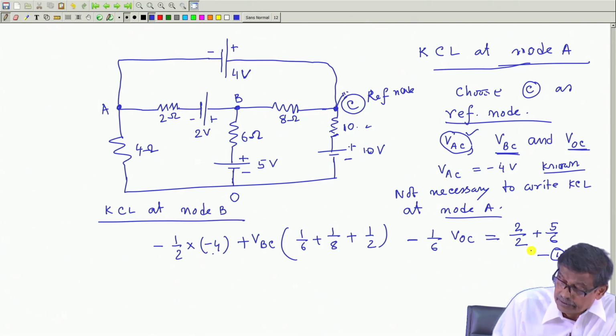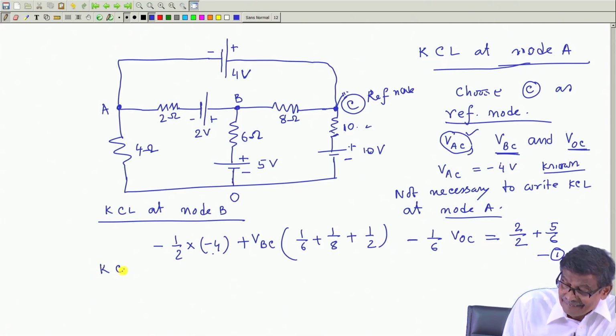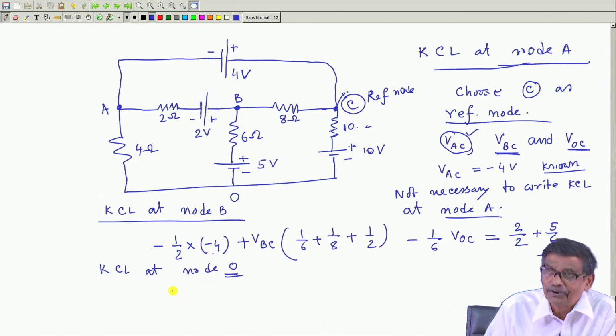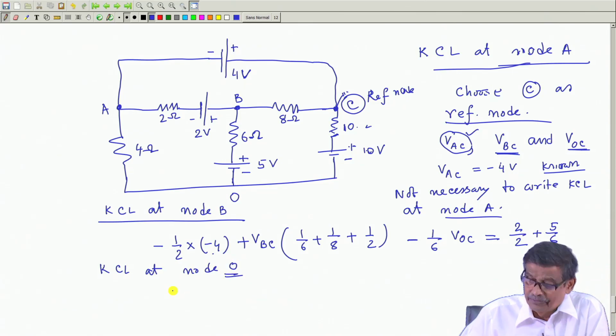And I will write down the KCL at node O, because O is not the reference node, mind you, you can call it A, B, C, D, how does it matter.